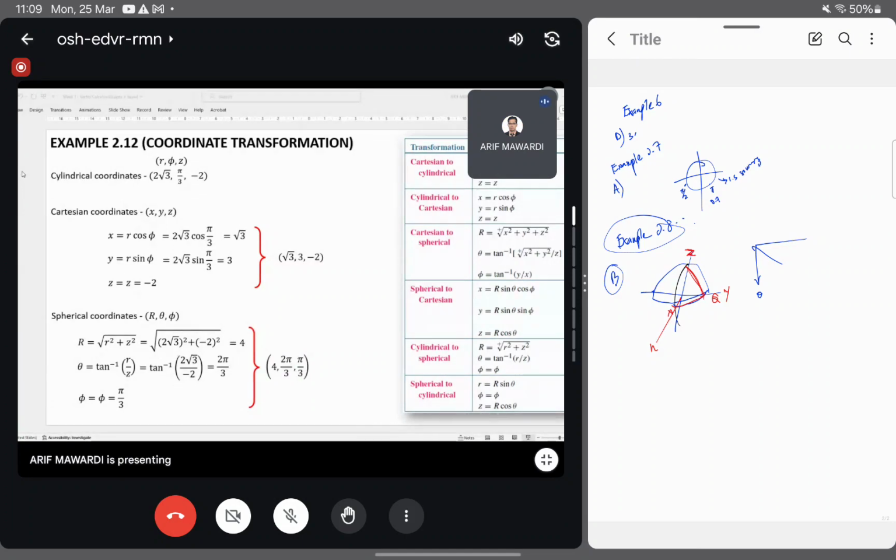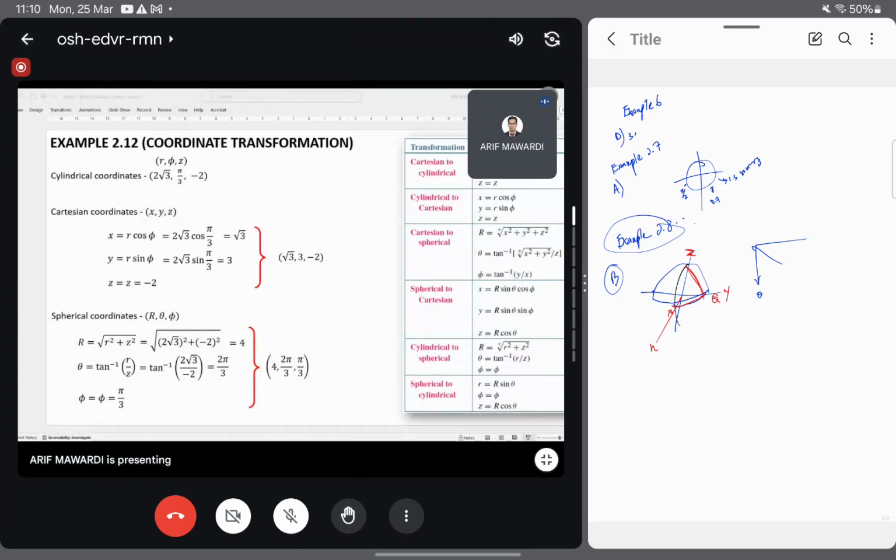So now we want to convert. We are given the coordinates in the cylindrical coordinate system, and we want to convert to the Cartesian coordinate system. So we want to go from cylindrical to Cartesian, therefore we use this one.